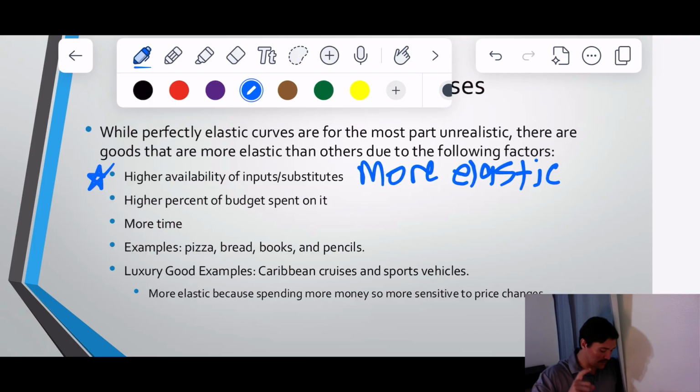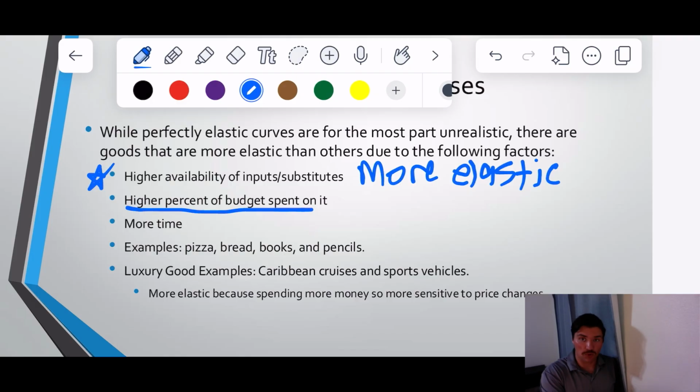Okay. Something else that would make you more elastic or more sensitive is a higher percent of your budget. So if you have to spend more money on something, then you are more elastic. Going back to the cruise ship example in a previous video, where we saw an increase in price and we said that was relatively elastic because it's so expensive, we have a bigger change in quantity.